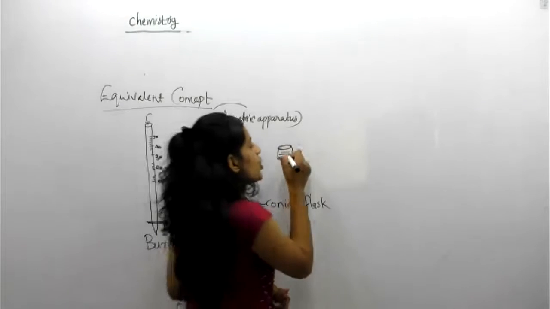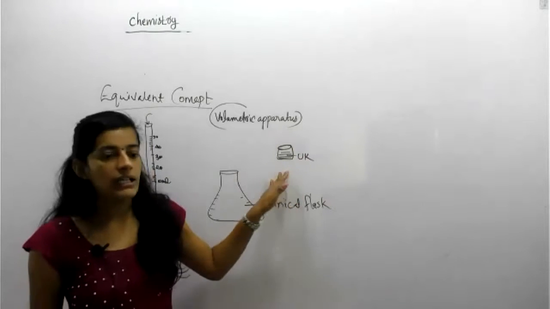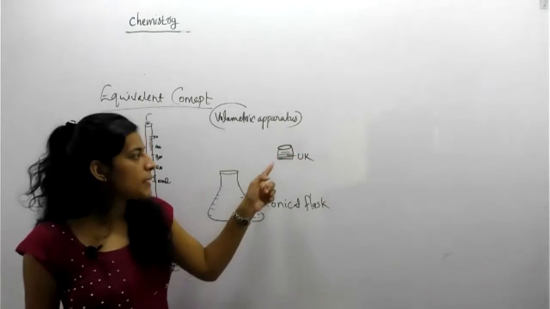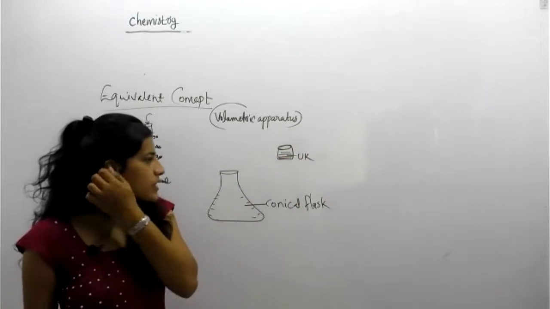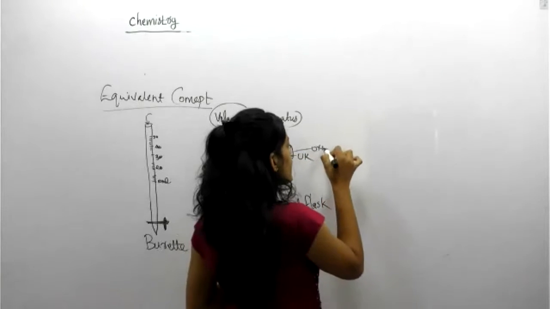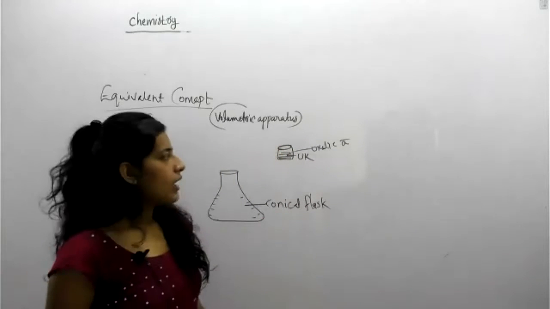This is an unknown sample, an unknown solution. Then I suggest you find out how much amount of substance is present in it. Suppose this is oxalic acid, a chemical.